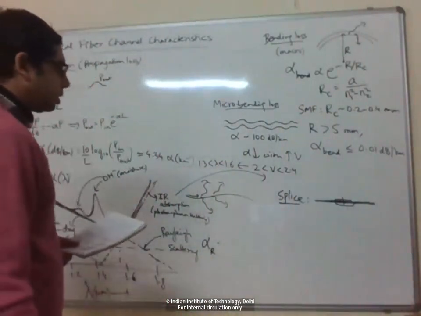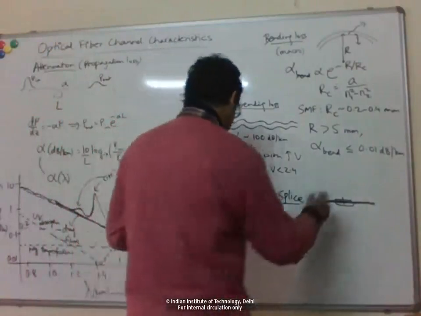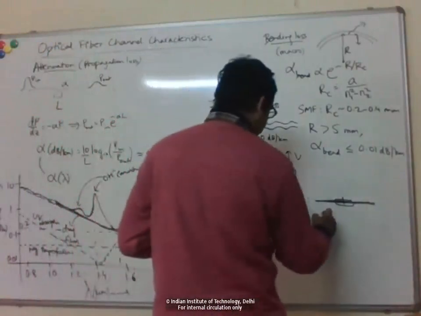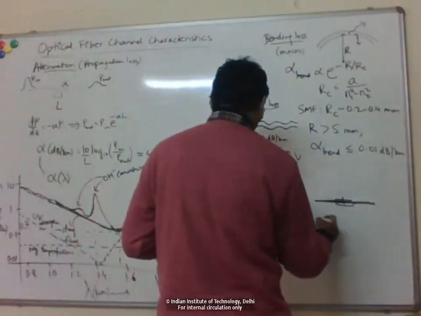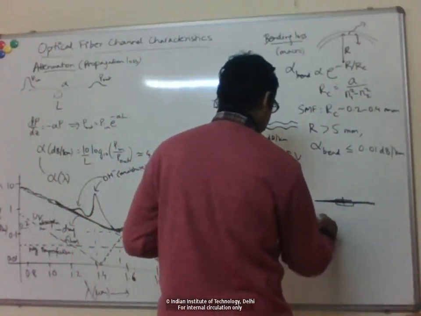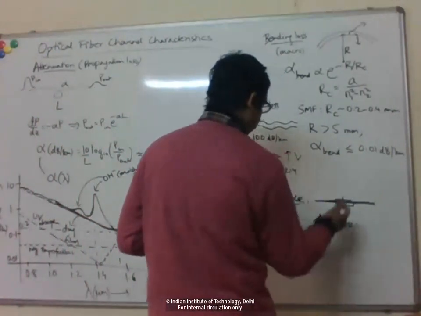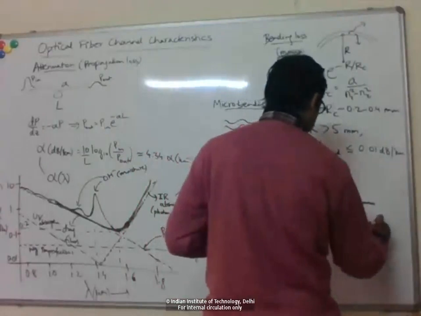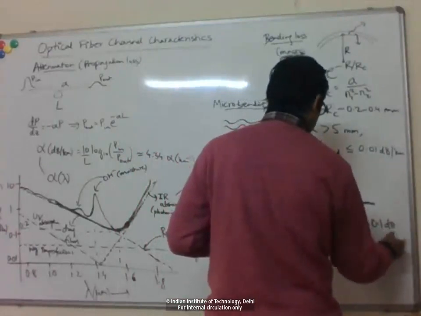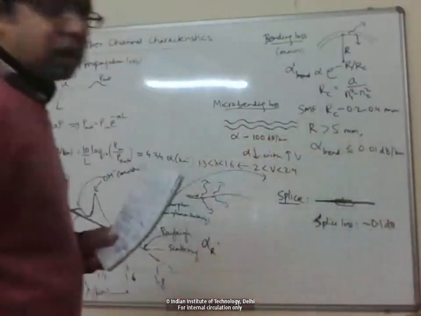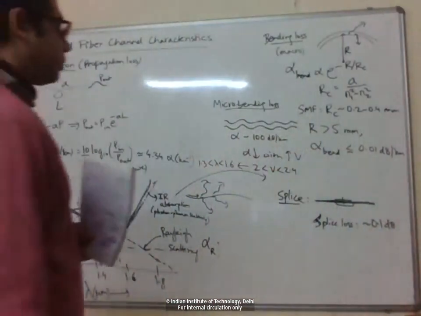We had discussed this in the fiber optic frame. But typically, with the modern fusion splicers, for each splice you have only 0.1 dB loss.